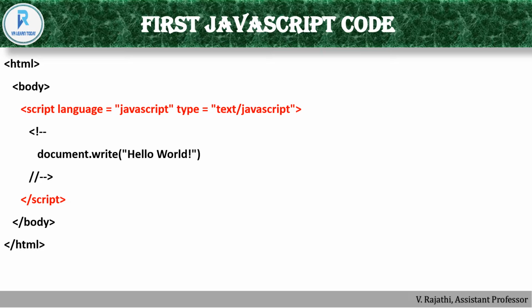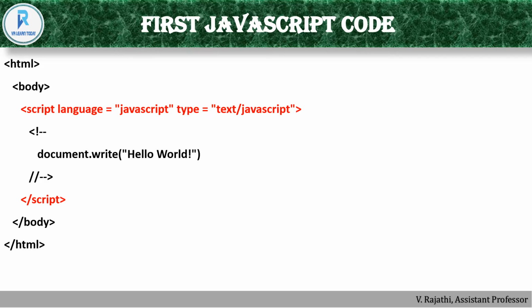Next, this is the first line of code. In every programming language, we already know the very first program is just printing hello world. The same program, we are seeing how to write in JavaScript. As usual, the HTML tag and then the body tag, and inside the body tag we give the script tag with the language attribute, and type is one of the attributes.